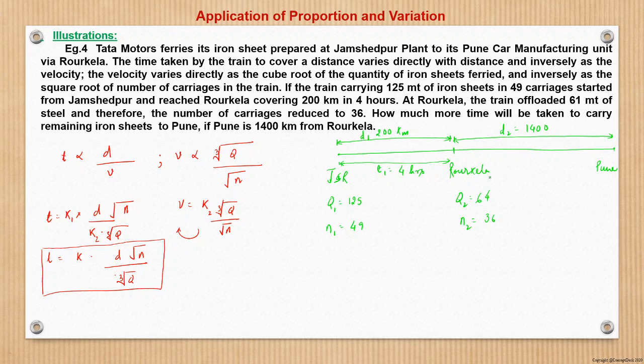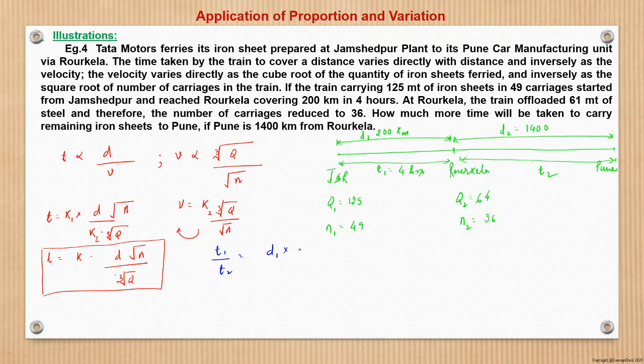So how much time would be taken? Similar to the previous question what we had seen, let this be a time T2, and T2 we have to find. So again we can use the same concept of T1 by T2. K would get cancelled from numerator and denominator.